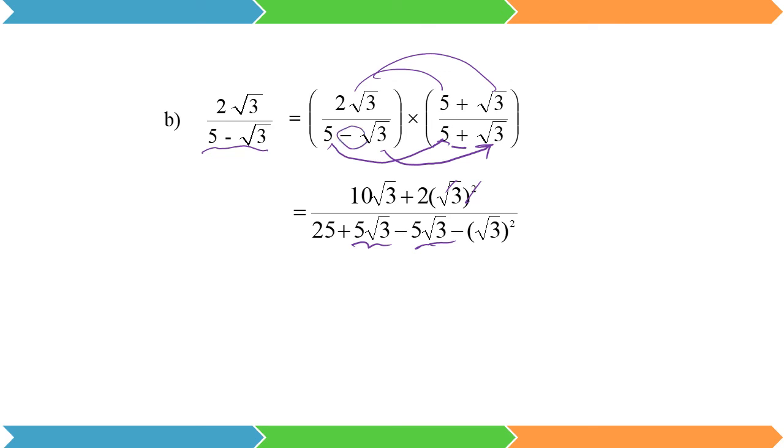So 5 multiplied by 5 is 25. Negative surd 3 multiplied with surd 3 is negative surd 3 squared, so the square root and square cancel out, and we have negative 3 directly. So what is the answer? On the top, it will be 10 surd 3 plus 6, and the bottom is 25 minus 3, which is equal to 22.